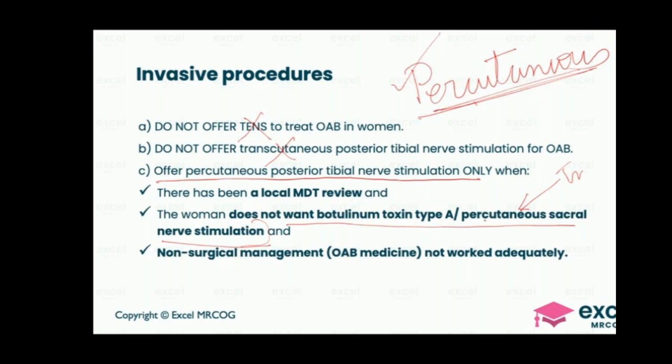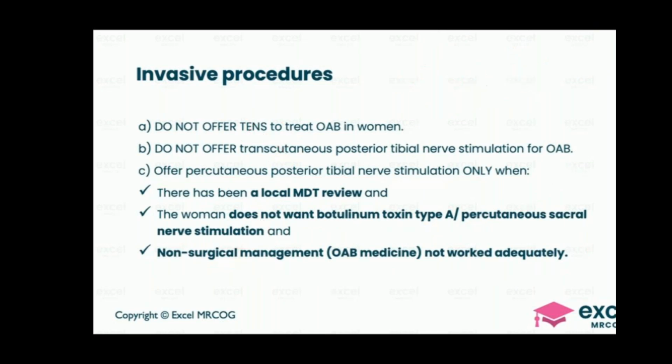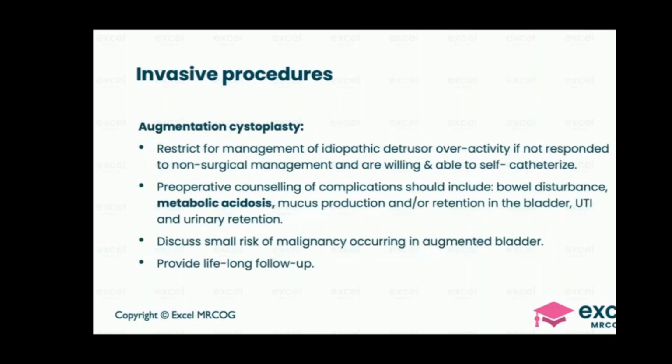So if she's not willing for that, tibial insertion is much easier. It's on the leg. So you can consider tibial if she's not willing for percutaneous sacral and she's not wanting botulinum toxin and non-surgical management has not worked. All of these have to be fulfilled for you to offer posterior tibial. Now, of course, there is a chart on this as well, which I'll show you, so you can have a clear idea.